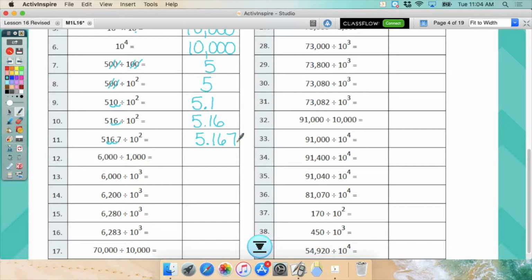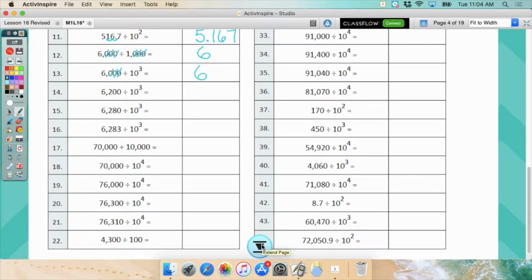So I've got, ooh, can I cross off zeros? Yes. We like that, don't we? Yep. Good. Okay, now I've got to hop the decimal how many times? 3. 3. So 6, whoops, I did the wrong one. 6 point what? 2, because I don't need my extra zeros.